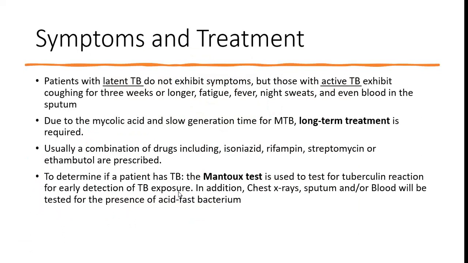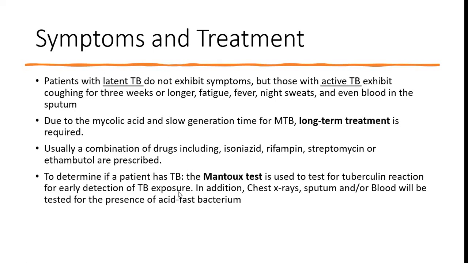Okay, again, a lot of times it's going to be a latent tuberculosis and people aren't actually exhibiting symptoms. Only those with the active TB are going to be, you're going to start seeing them cough and you're going to have fatigue and sweat and things like that.